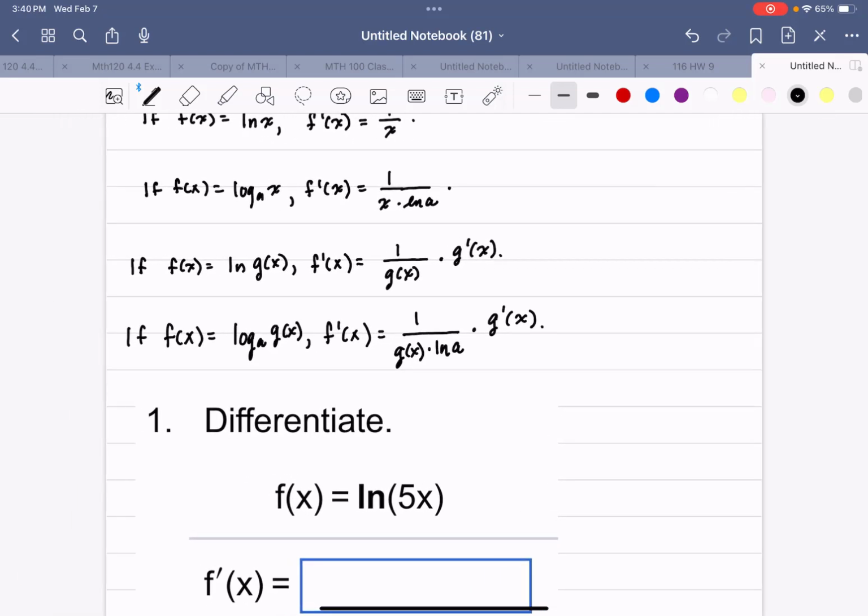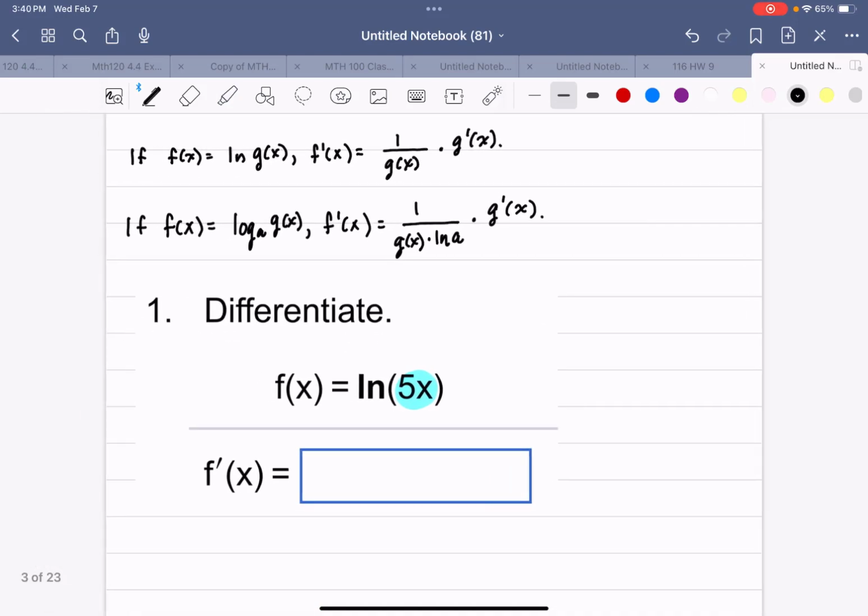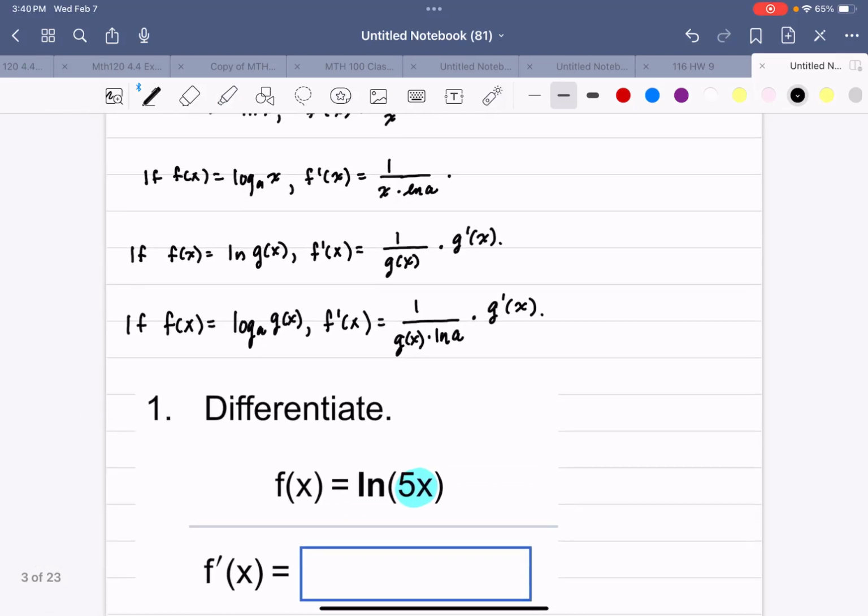Example 1, differentiate f of x equals the natural log of 5x. Now, since the argument, or the internal of the natural log, is a differentiable function, we have to tack on that derivative at the end. So we're looking at this rule.